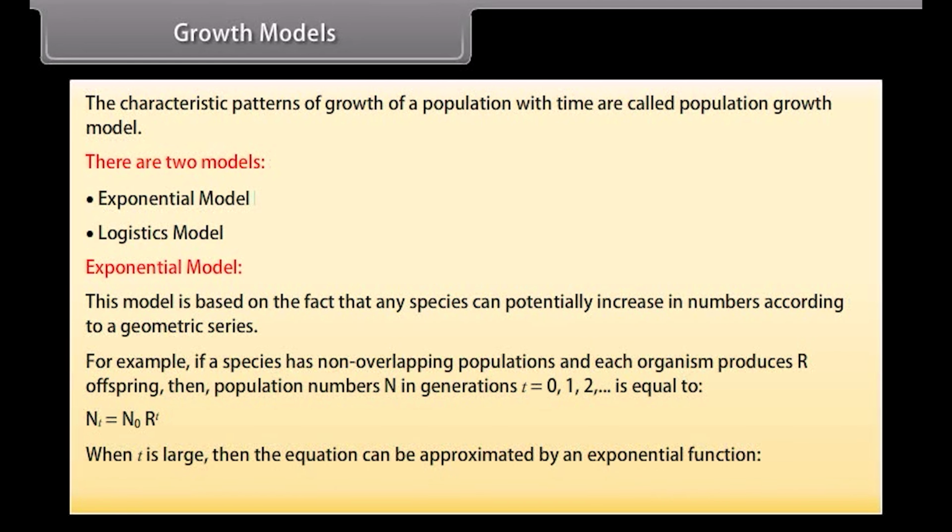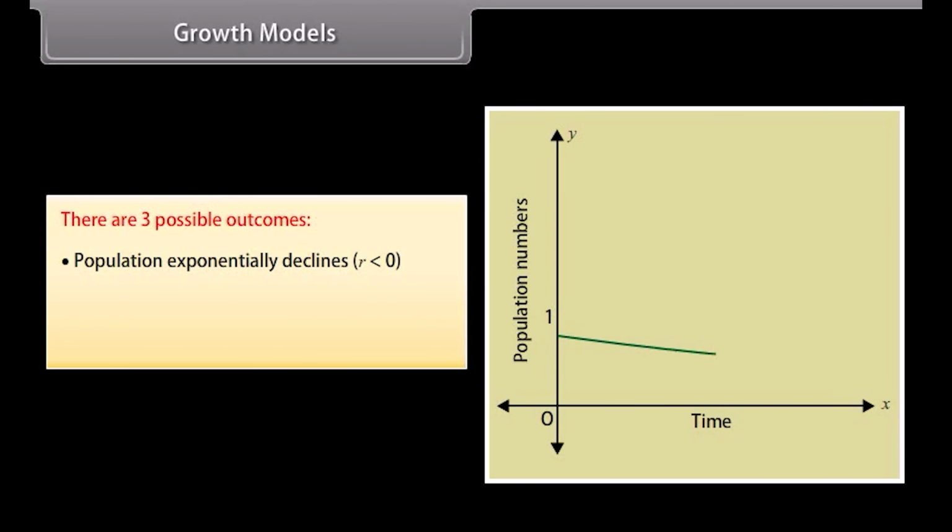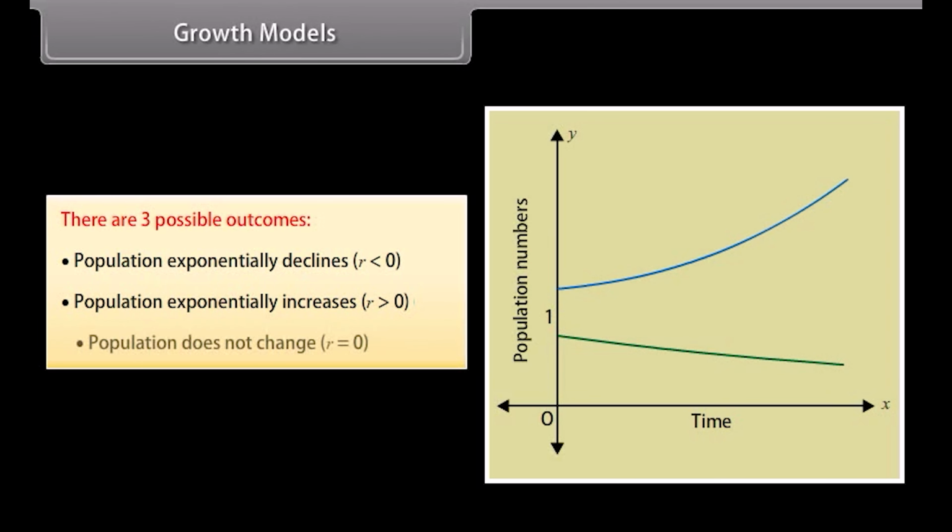When t is large, the equation can be approximated by an exponential function, Nt equals n0 e^rt. There are three possible outcomes: population exponentially declines, population exponentially increases, population does not change.